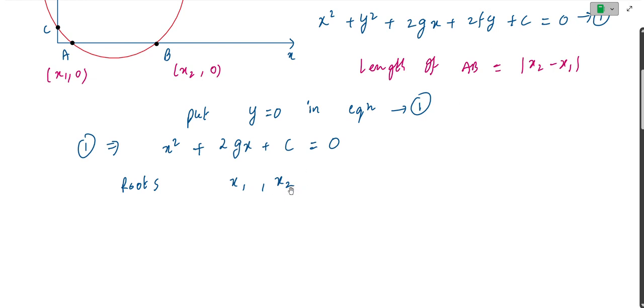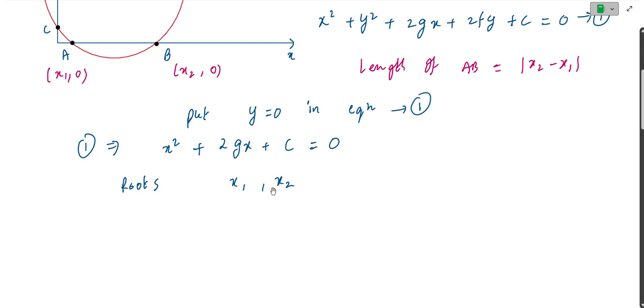Likewise, if I substitute x2 comma 0 into this circle equation, it will also satisfy it. By substituting the y value 0, we got the simplified circle equation, the quadratic equation in x. So definitely x1 and x2 will satisfy this quadratic equation. That is why I call them the roots of this quadratic equation.